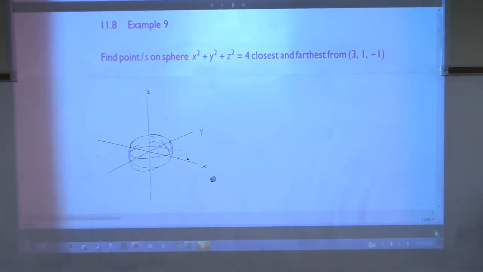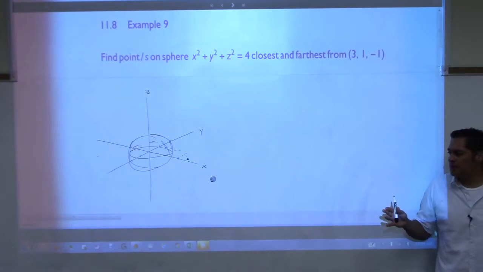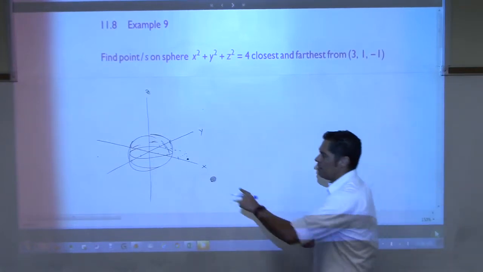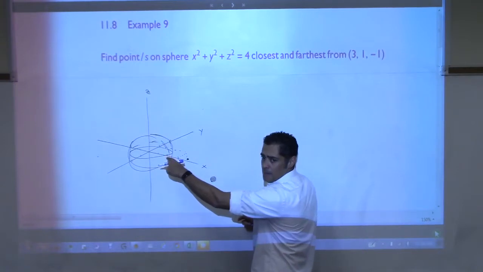So let's just talk about what we're trying to find the maximum and minimum of. When it says we're looking for the points on the sphere that are closest and farthest from that point, we are trying to find the maximum and minimum what? Distance, right? A distance from this point, which is given, to some point on the sphere.